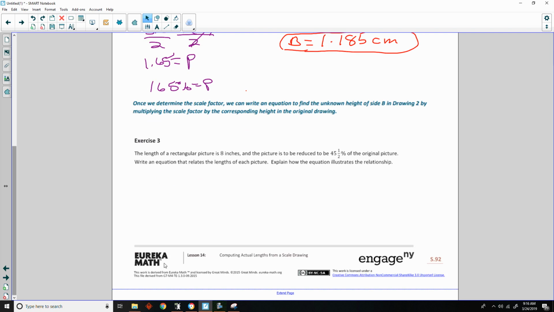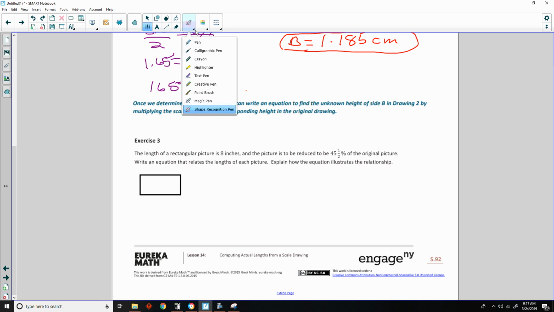Exercise 3. The length of a rectangular picture is 8 inches. Okay, so I always like to draw a diagram. So the length of a rectangular picture is 8 inches, and the picture is to be reduced to 45.5% of its original picture.